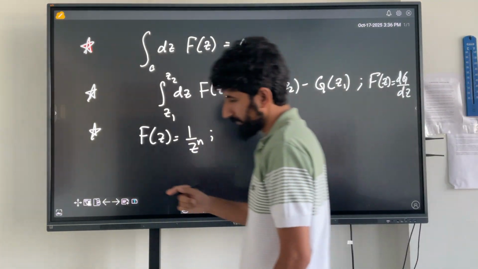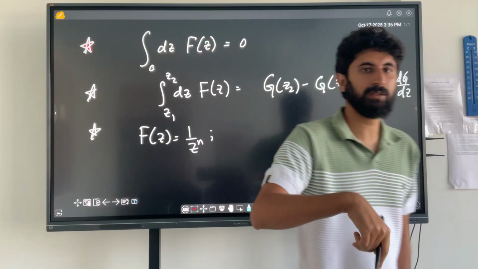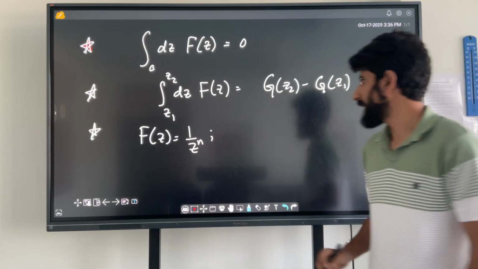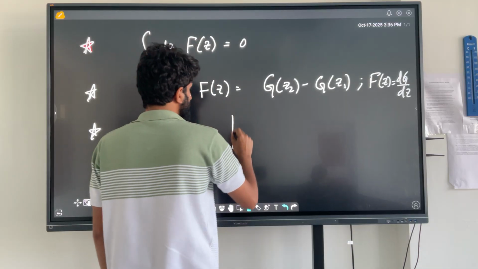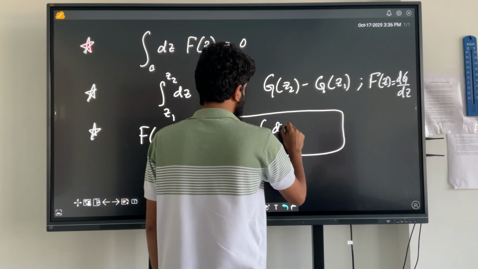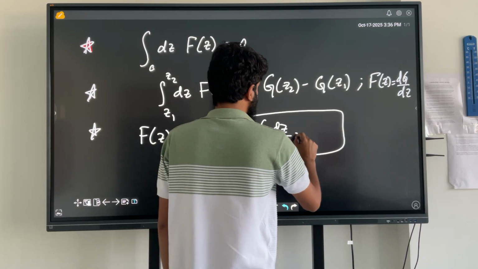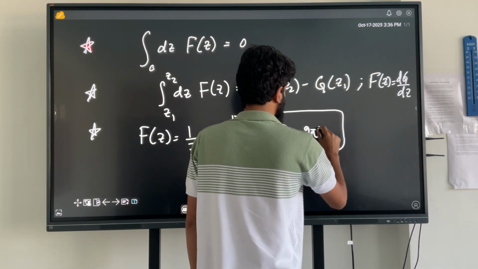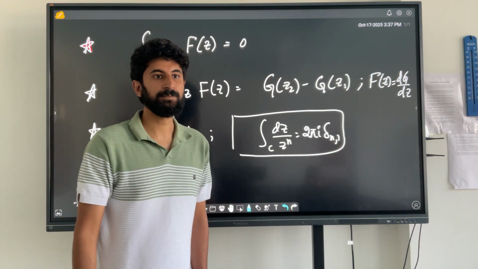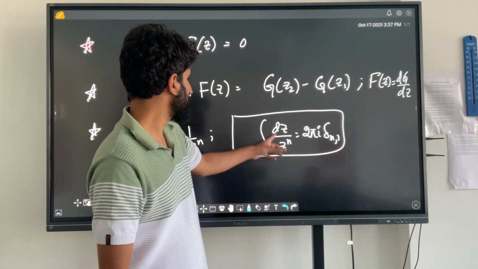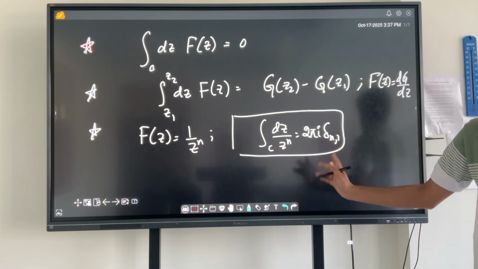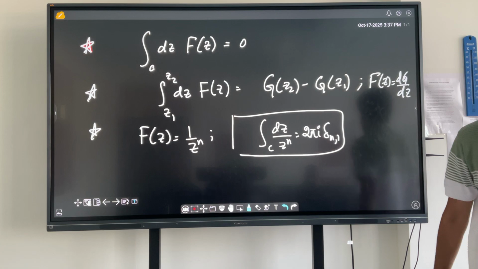Then we computed its integral over a loop encircling the origin, and we concluded that the integral over any loop containing the origin of dz by z to the power n is 2 pi i only if n is 1. Otherwise it is 0.